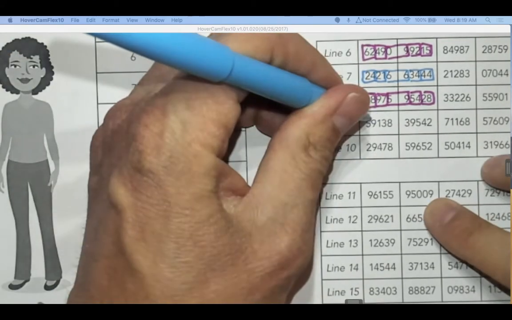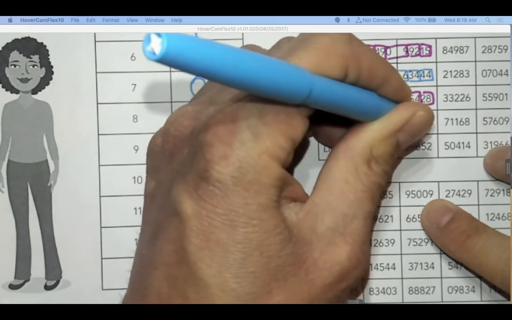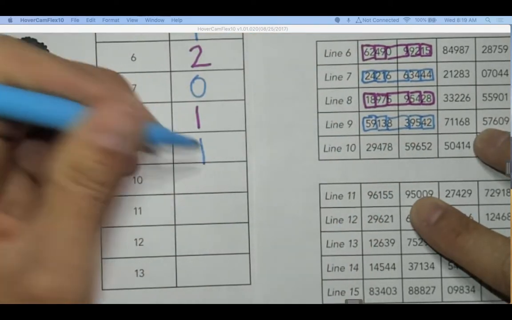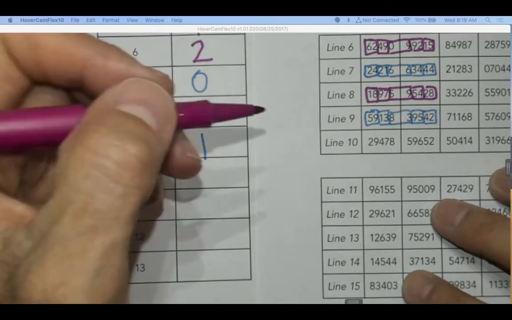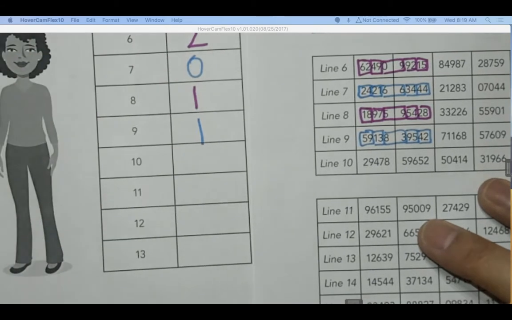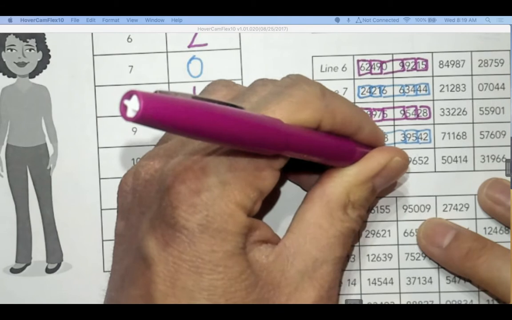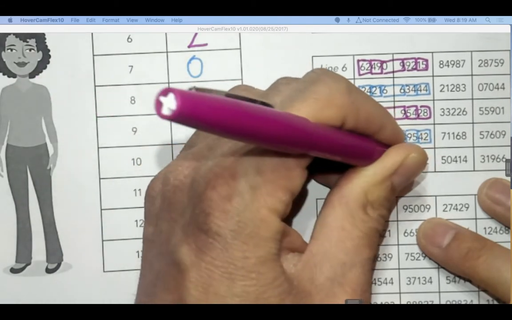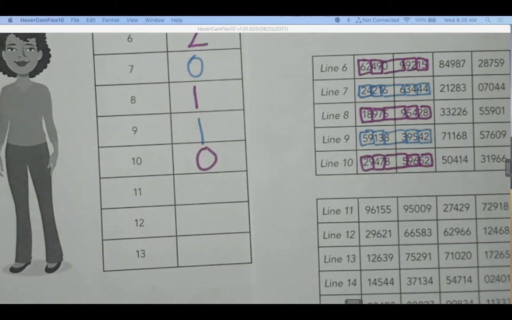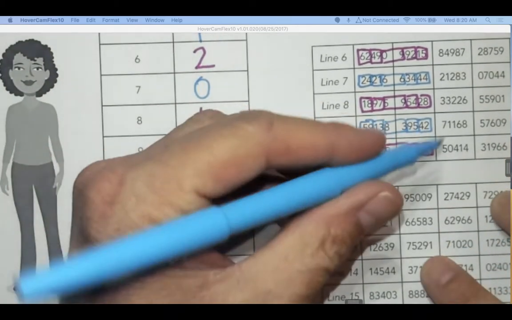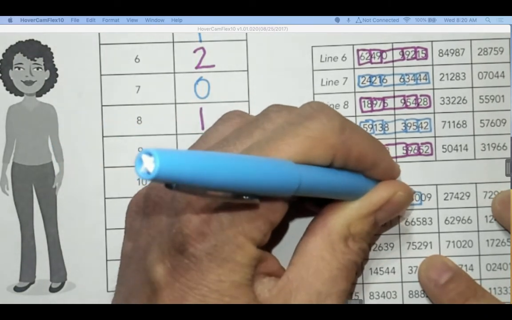Trial 9, 59, no. 13, yes. 83 no, 95 no, 42 no, would have been 1 correct in line 9. In line 10, we would have 29 no, 47 no, 85 no, 96 no, 52 no, 0 correct. 11, 96 no, 15 yes, 59 no, 50 no, 9 yes.